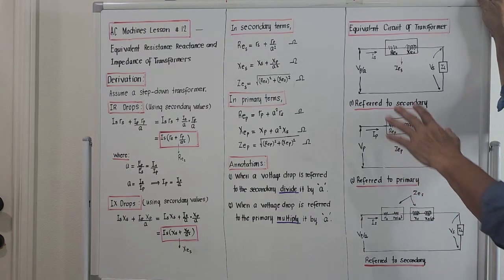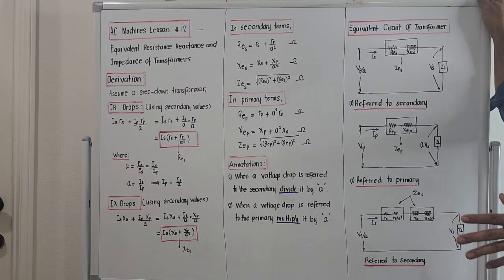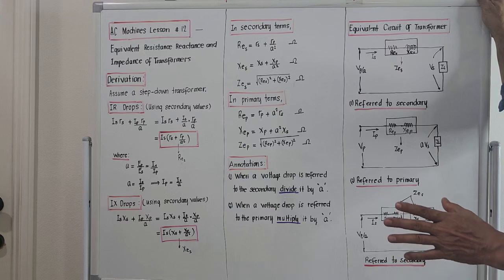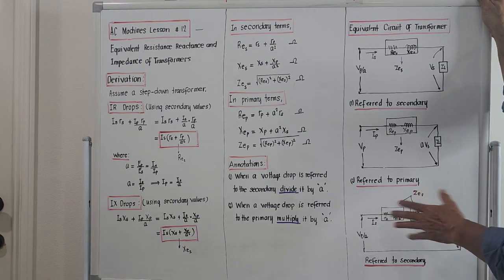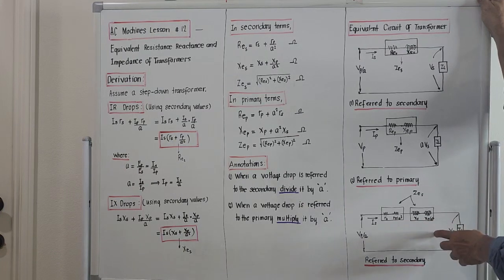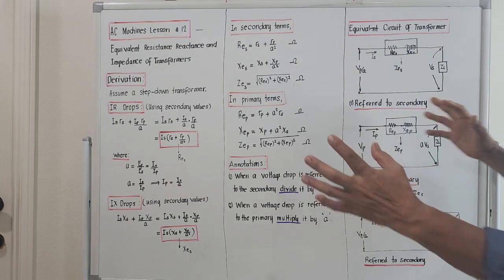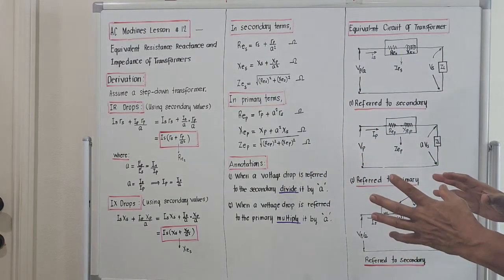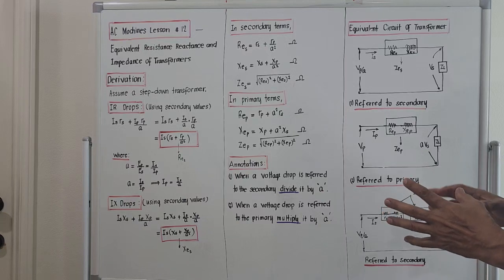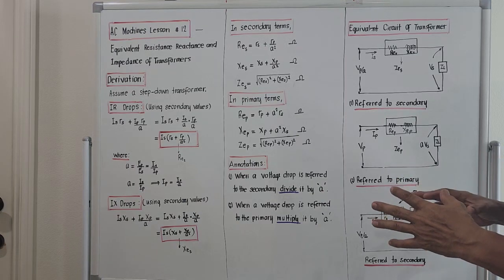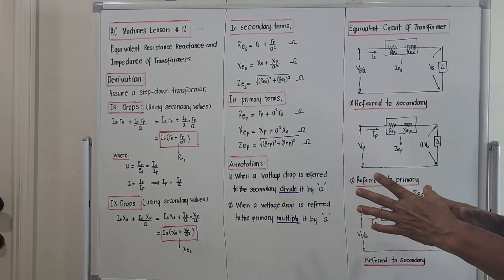So what I will discuss tonight will be the computation on how to compute the equivalent resistance and reactance for both the primary and secondary as a single equation. So actually we could make the computation simpler, not unlike the previous one.